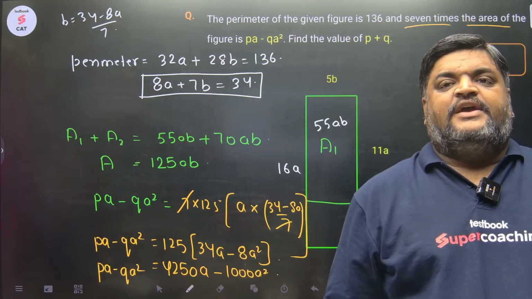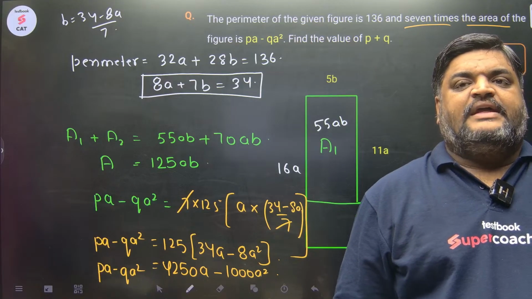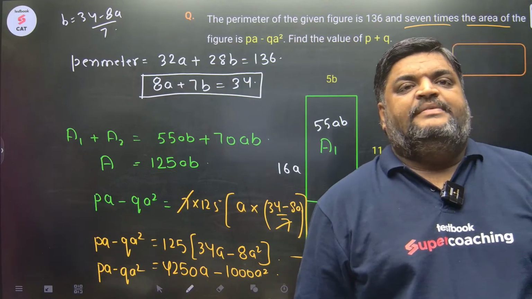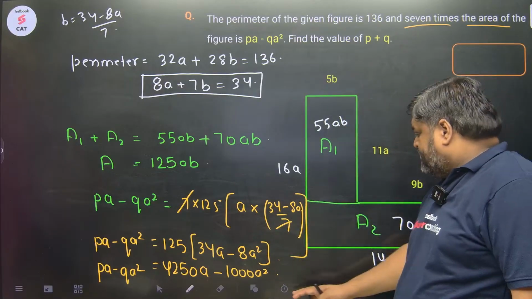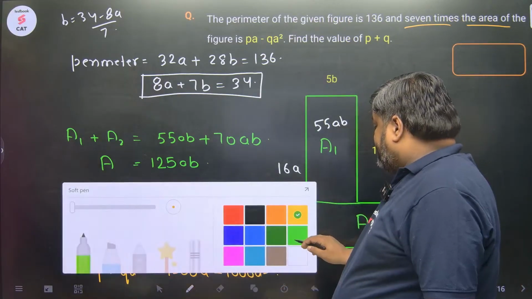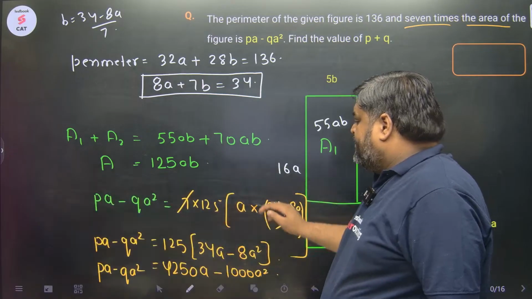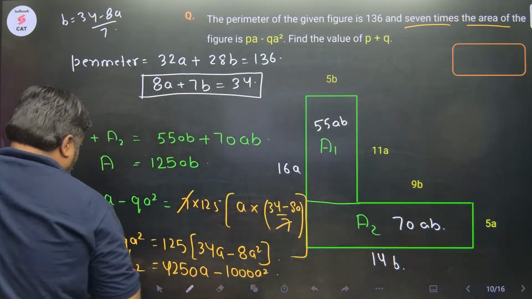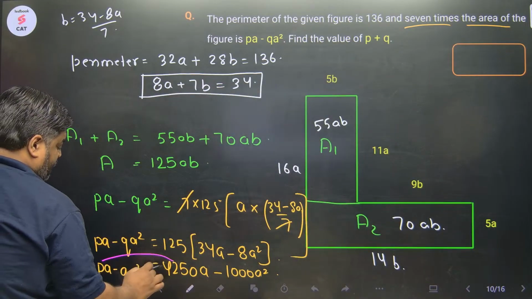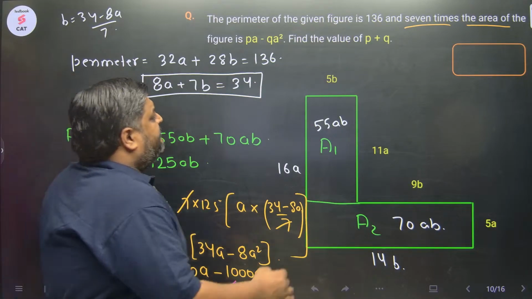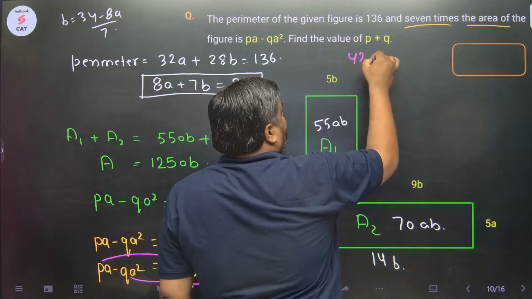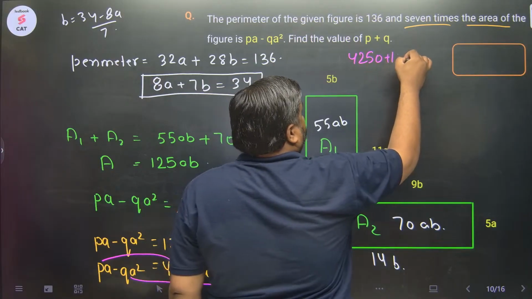That is not the area of the rectangle. That is the perimeter of the rectangle. Rudra Pratap, that's the perimeter. Now you can compare the terms. When you compare, you will find that P is 4250, Q is 1000.